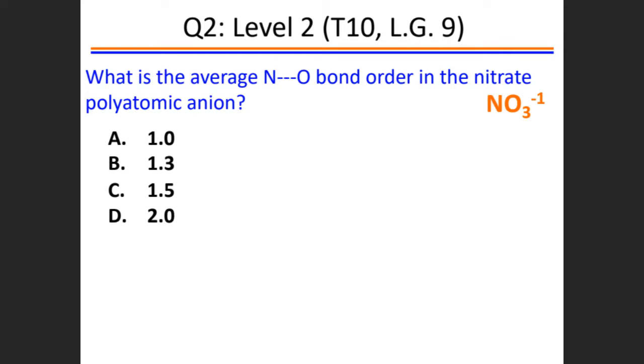We also saw how to draw the stable hybrid structure, with the dot, where either side can be the double bond. Now we will see how to calculate the average bond order in the nitrate or any other polyatomic anion.